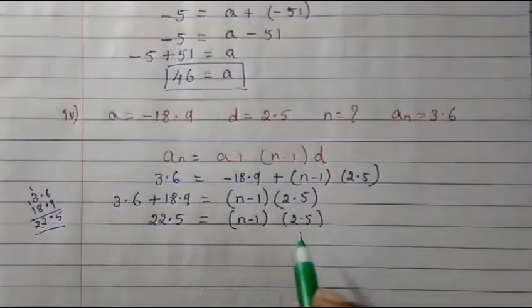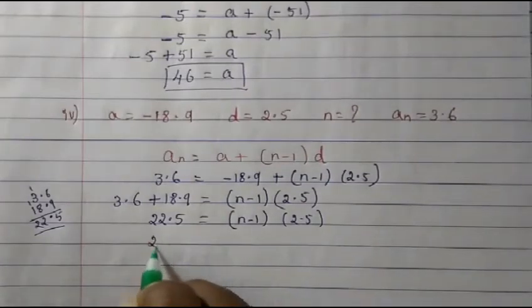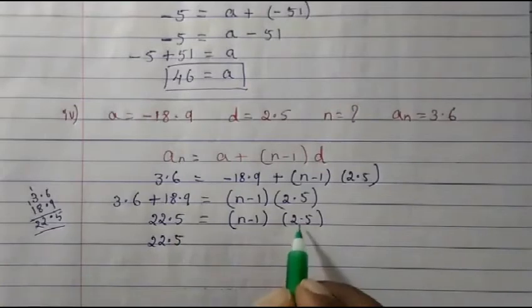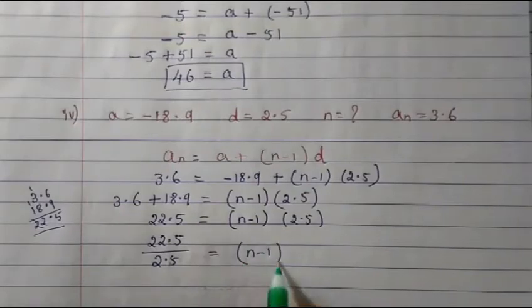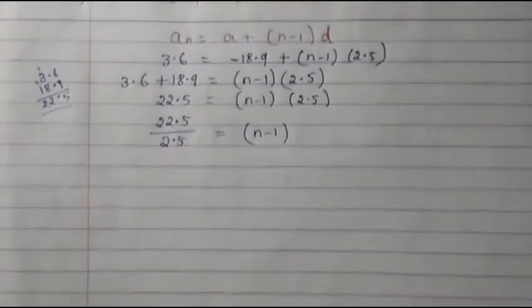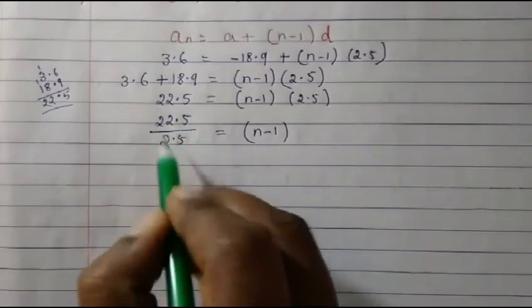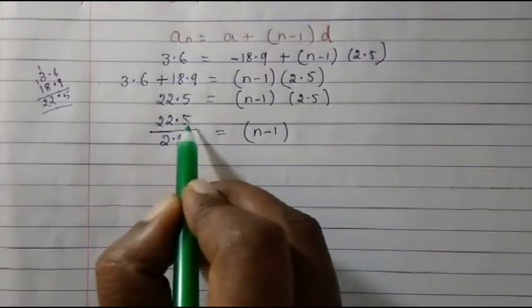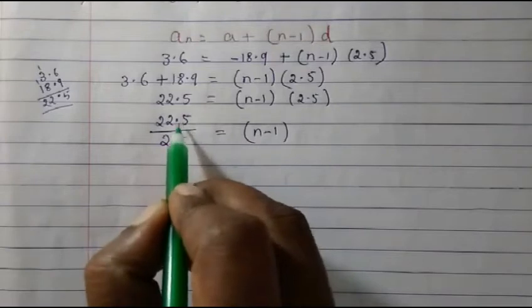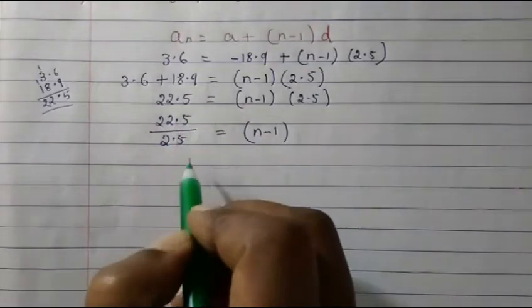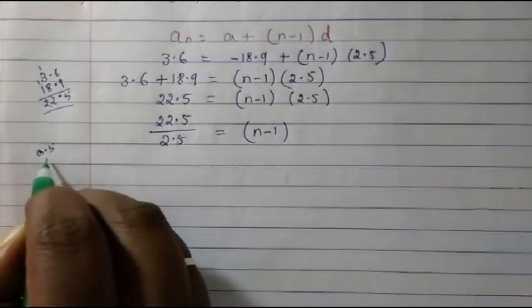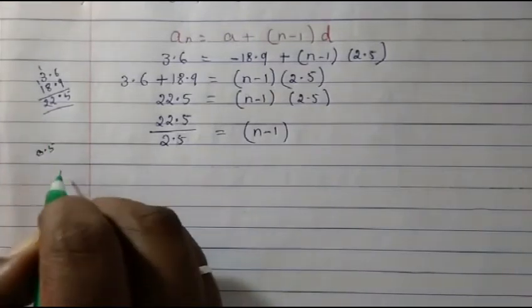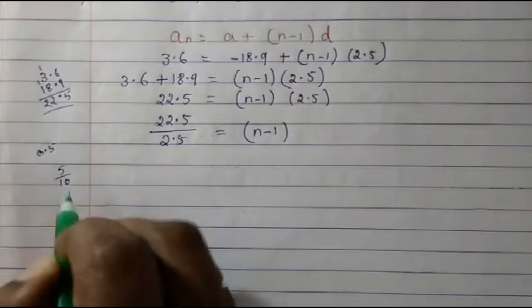So now let's bring this 2.5 to this side. So since it is in multiplication, when it comes here it will become division. So now n minus 1 will keep as it is. So now when it is in decimal, what we will do, so after the decimal, how many digits are there? 1 digit is there. So when we remove the decimal, we have to multiply with 10. You know that if it is 0.5, how we will write this when we want to remove the decimal? 5, then divided by 10.